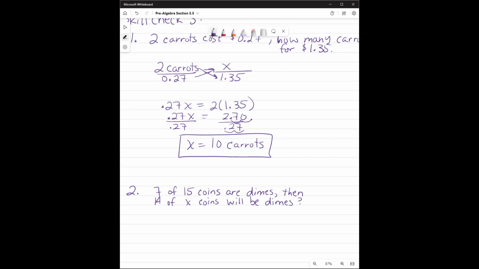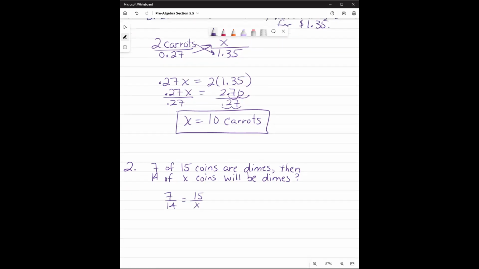All right, so we could do this one of two different ways. We could say that 7 is to 14 as 15 is to x, and then we would reduce. Yeah, I don't like that one at all. Or we could set up that 7 is to 15 as 14 is to x.